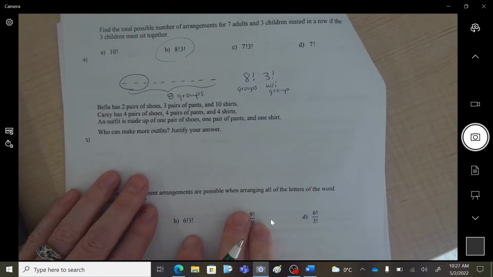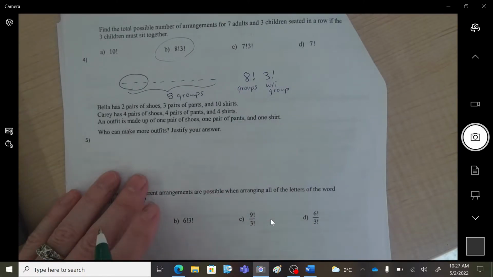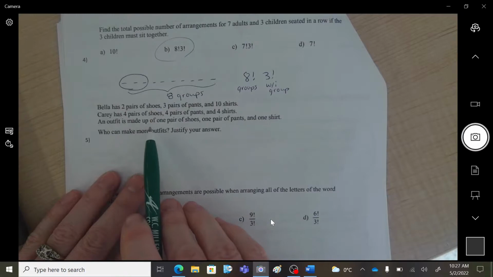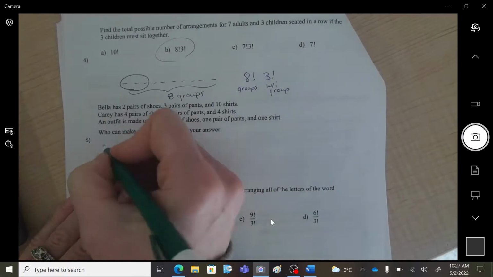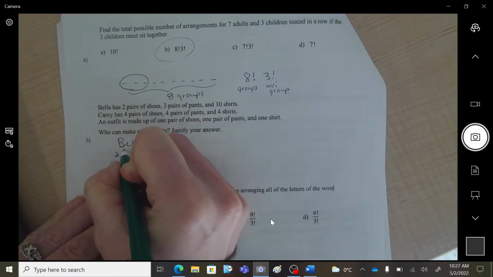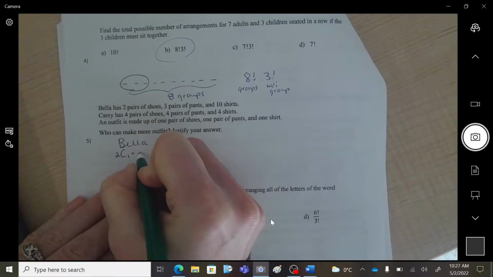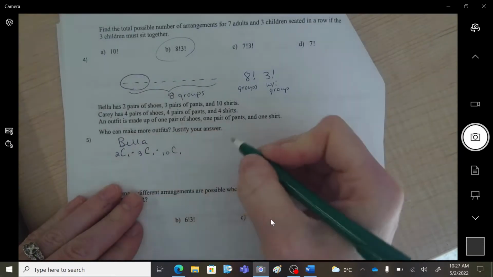Number 5, Bella has 2 pairs of shoes, 3 pants, 10 shirts, Carrie, and so on. They're making an outfit. We need a shoe, a pant, and a shirt. Who can make more? Bella is 2 shoes, choose 1, 3 pants, choose 1, and 10 shirts, choose 1.